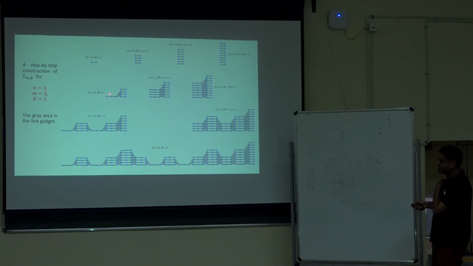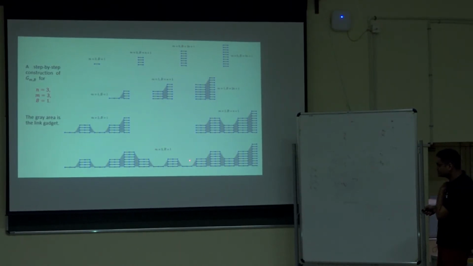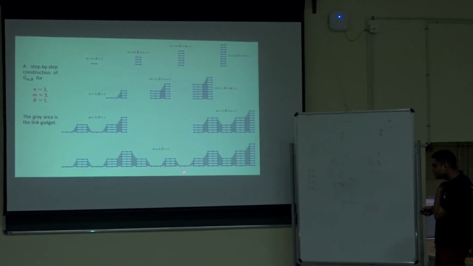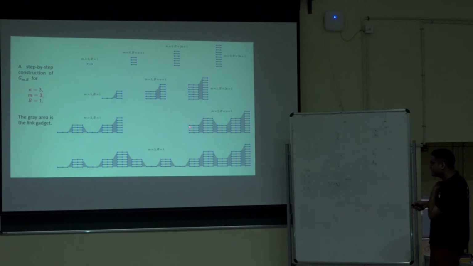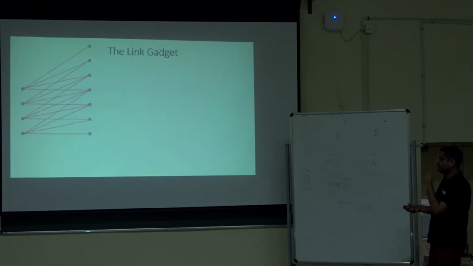The reverse of an edge is the edge itself, and you attach it using this link gadget to the next graph. Here again you do the same, take this graph, reverse it, attach it to the next graph, and so on. So at the last layer, what is happening? You took this entire graph at the previous level, which is this, you reversed it, which is this till here. This is the reverse of the graph, and you attach it using this link gadget to this graph. Fine. So what exactly?